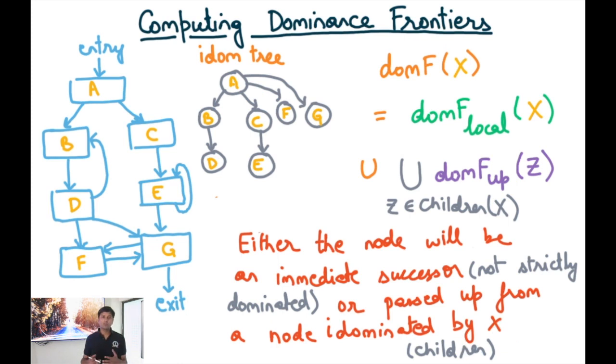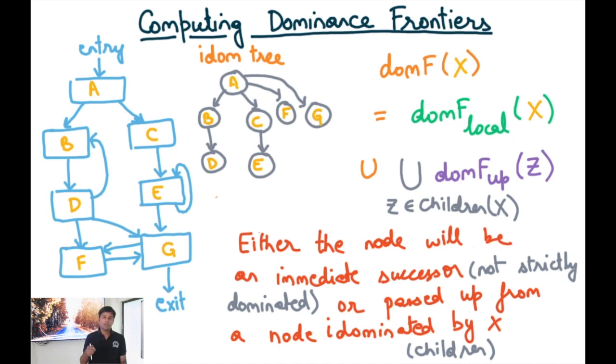If I think about it from my naive algorithm point of view, then when I do a depth first search starting from X, either I find the dominance frontier node right in my first step itself, which is my immediate successors, or I do a DFS on my children of the dominator tree, and whatever I get there, I check whether I strictly dominate any of them or not.